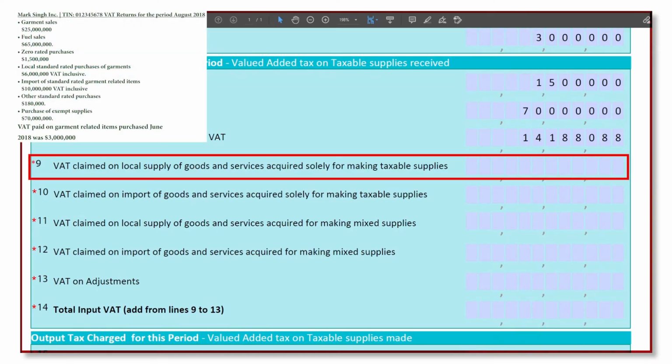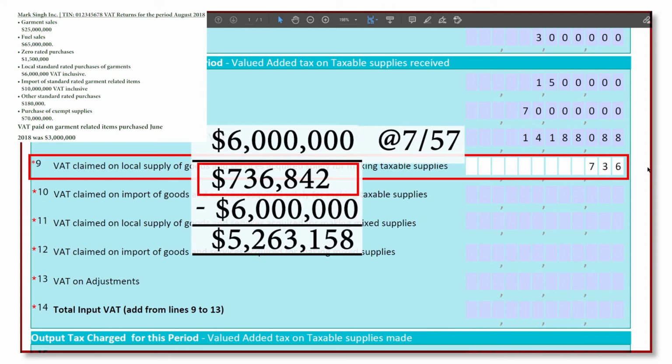Moving on to line 9, VAT claimed on the local supply of goods and services acquired solely for making taxable supplies, we must take out the VAT from the supply of garment purchases, $6 million, and state the principal amounts using the VAT fraction. That total is $736,842.